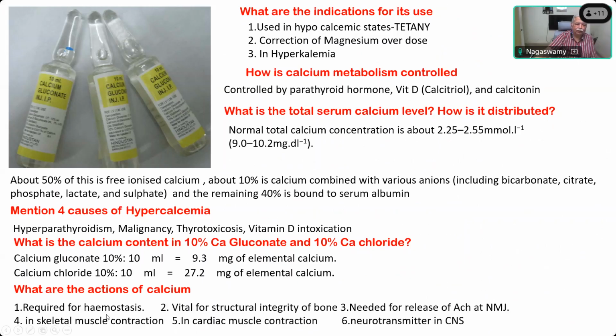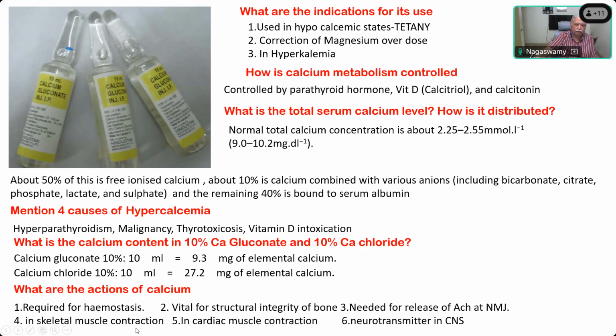Required for hemostasis. In coagulation, one of the important ions needed is calcium. It is vital for structural integrity of bone, needed for release of acetylcholine at the neuromuscular junction. Even before the stimulus, when the nerve signal comes to the neuromuscular junction, the entry of calcium in the presynaptic neuron will allow the release of acetylcholine.